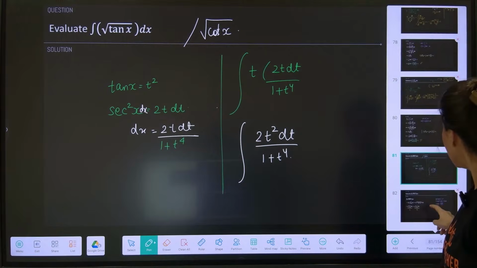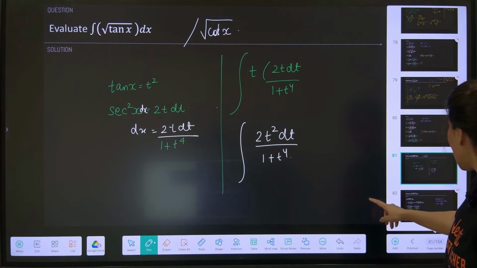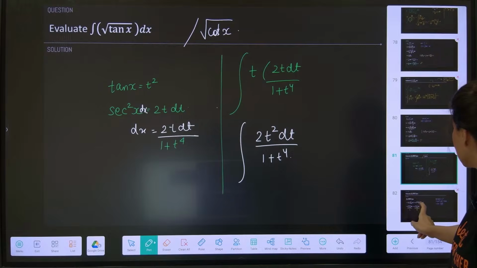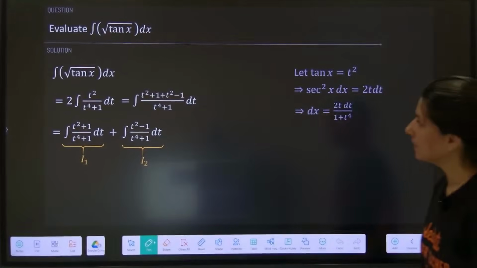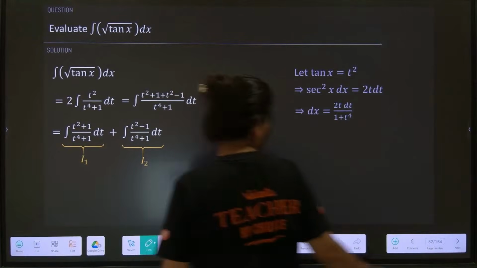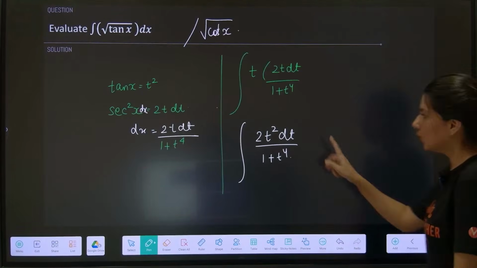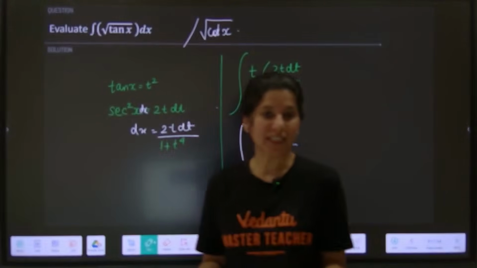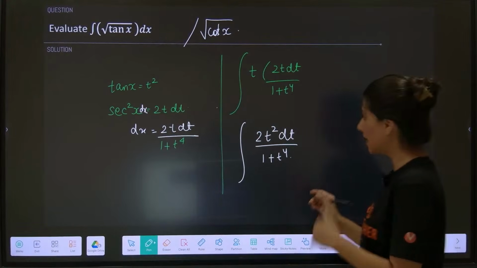Okay, now what you need to do is just add and subtract 1. See, 2t square. Now you'll be like, ma'am, but still we didn't get that form. I'll show you.